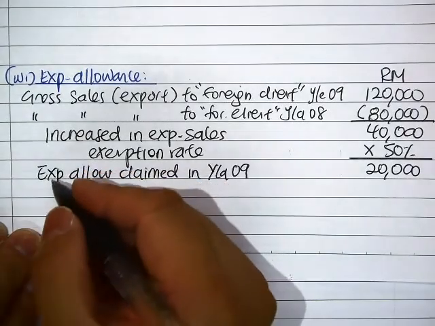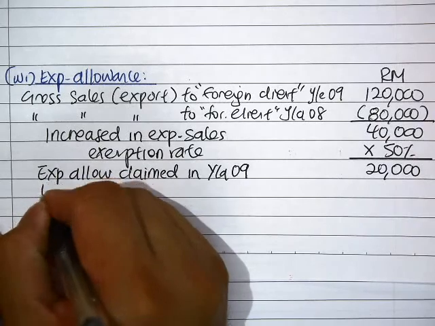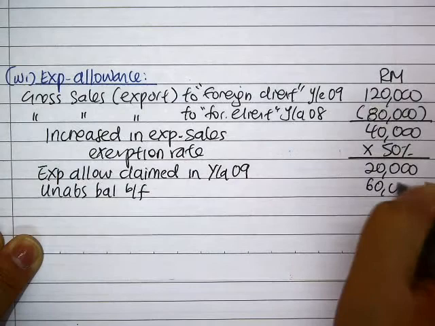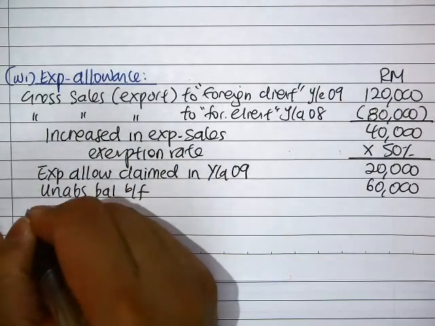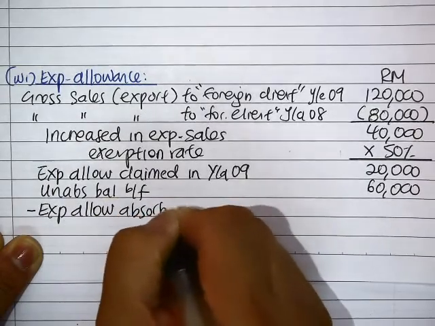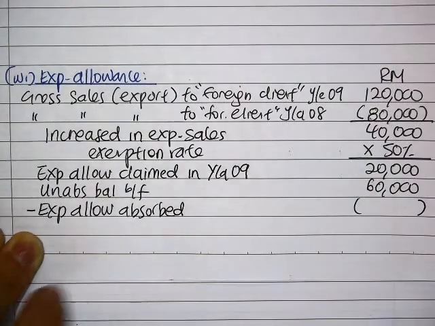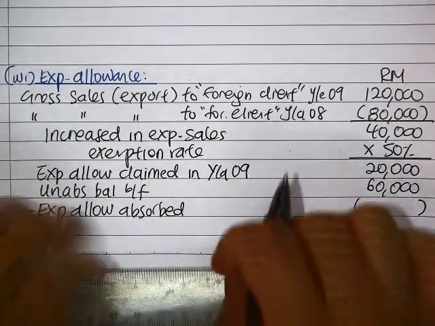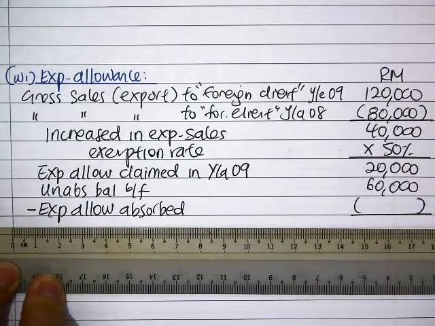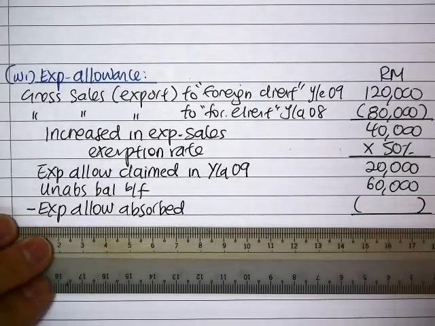Any unabsorbed from last year? Yes, right? So the unabsorbed balance brought forward is 60. So you minus export allowance absorbed. How much can you absorb? Follow back the statutory income figure we saw just now. The most you absorb is 70,000.